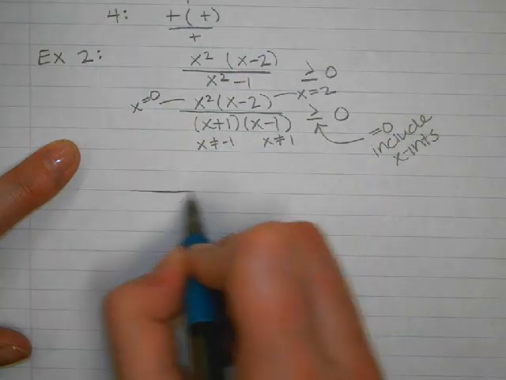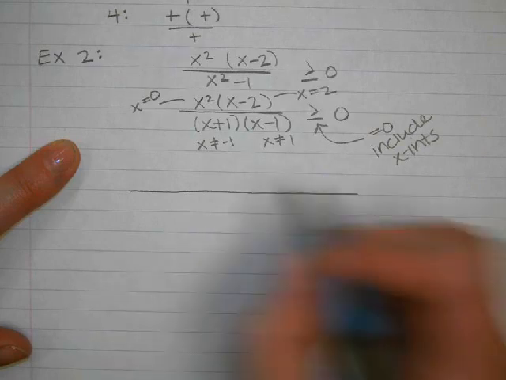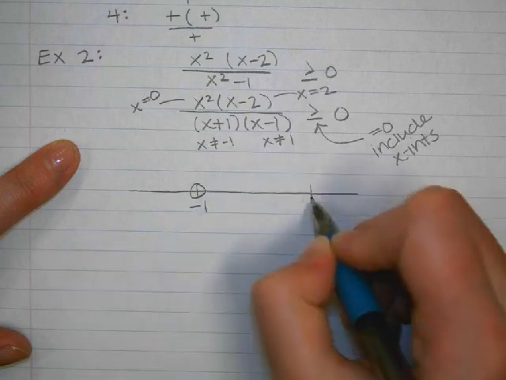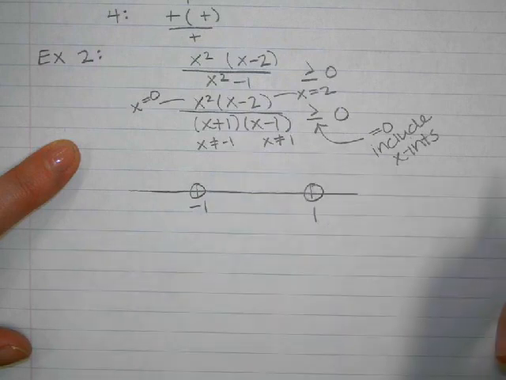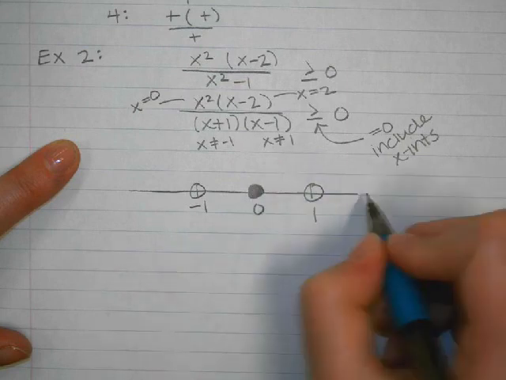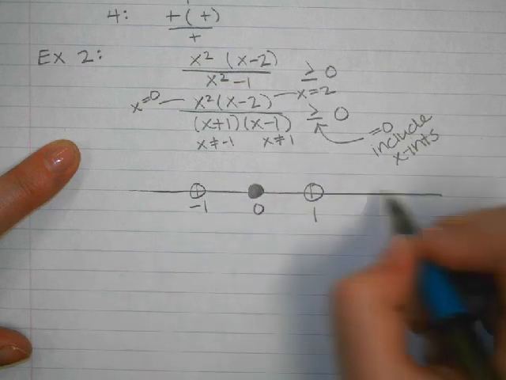So if I draw my number line, I'm going to exclude -1 and exclude +1, but 0 gets to be included, and so does 2.